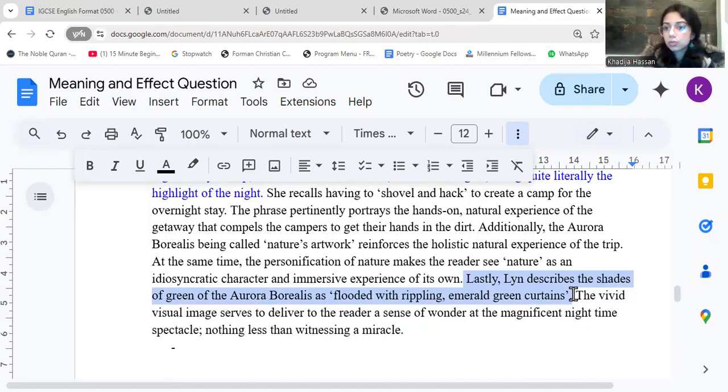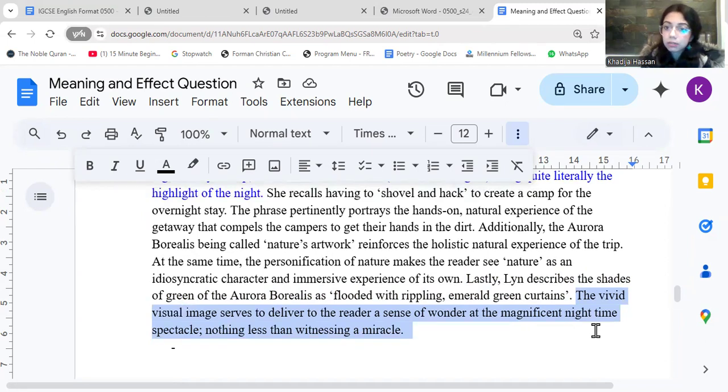The shades of green of the aurora borealis, of the northern lights, flooded with rippling emerald green curtains. And then the implicit meaning is, what kind of effect is it creating? The vivid visual image serves to do what? To deliver to the reader a sense of wonder at the magnificent nighttime spectacle, nothing less than witnessing a miracle, right?